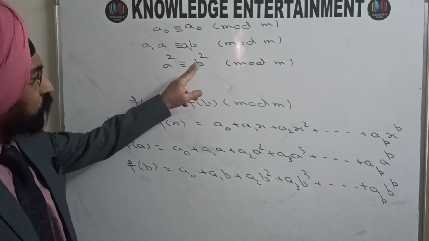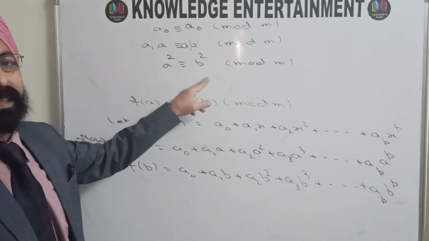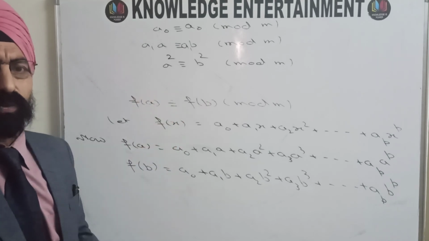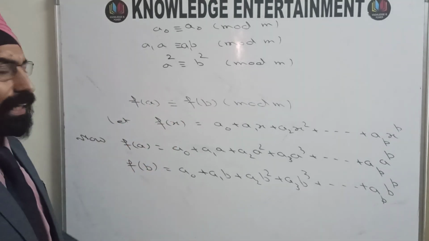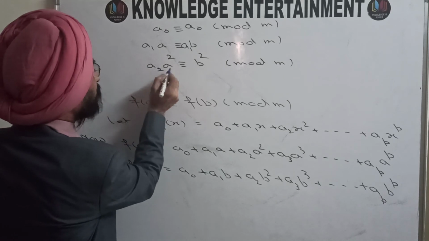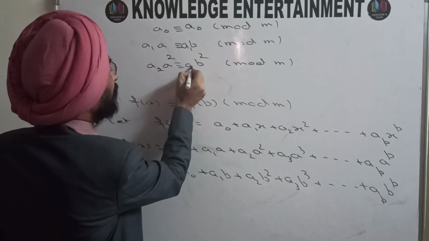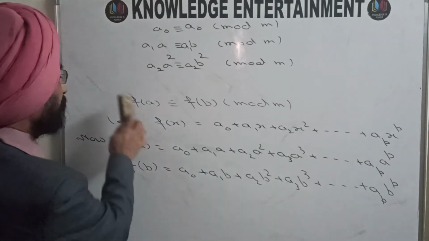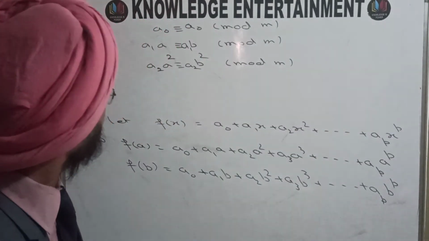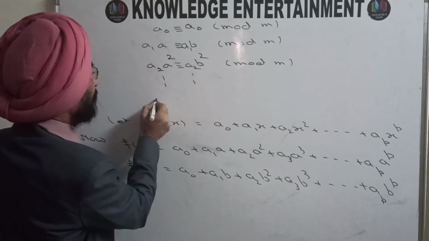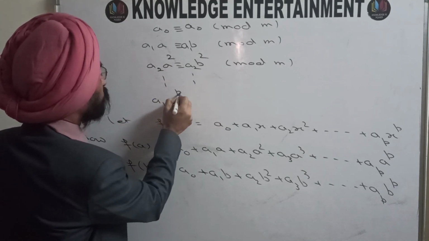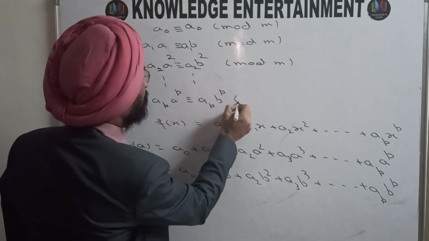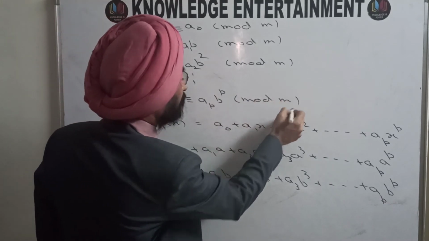Once again, this is congruent to this, and multiplying by the same constant C both sides is okay, because of the second part just proved now. So now C I am taking as a2. So a2 A square is congruent to a2 B square modulo M, and so on and so on. You will get ap A raised to the power p is congruent to ap B raised to the power p modulo M.